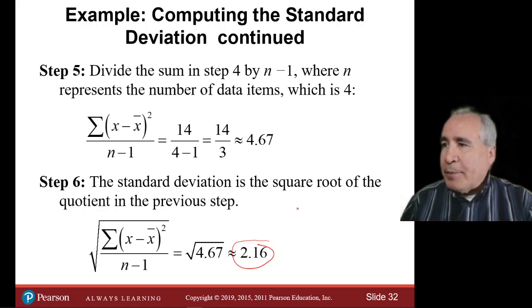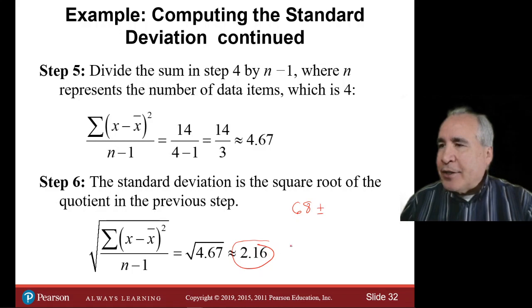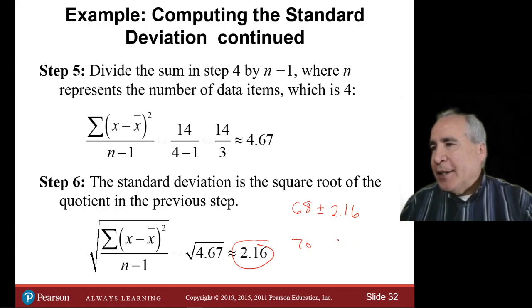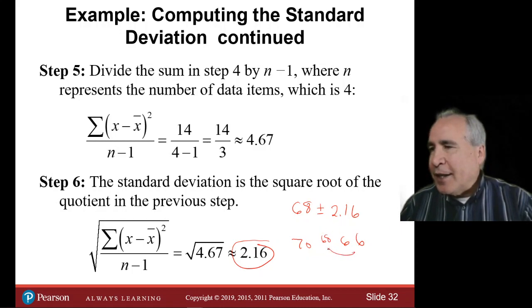So what we could say at this point, remember we came up with a mean of 68, and on average a standard deviation is about 2.16. If we add 2, we get about 70. If we subtract 2, we get 66. So here's our 68, and if we had perfect symmetry, here's one standard deviation.